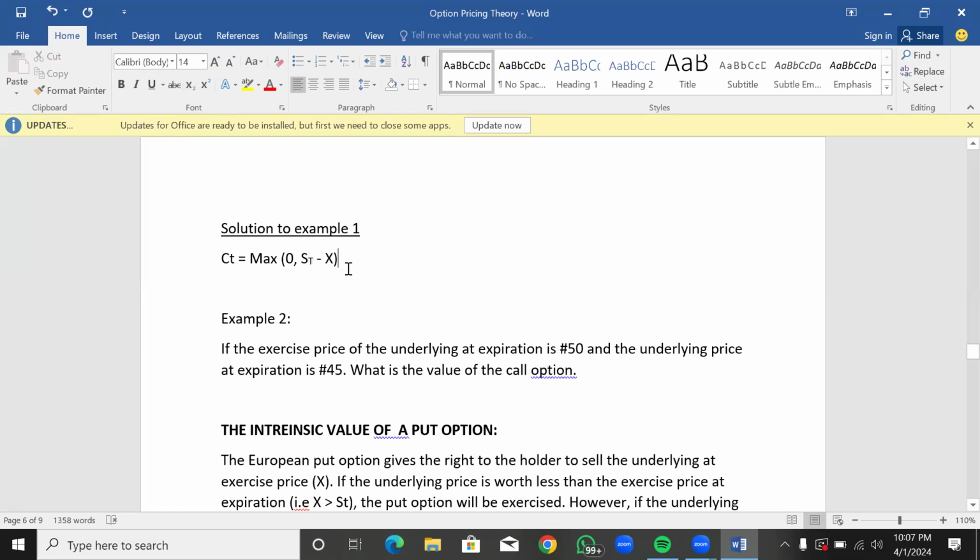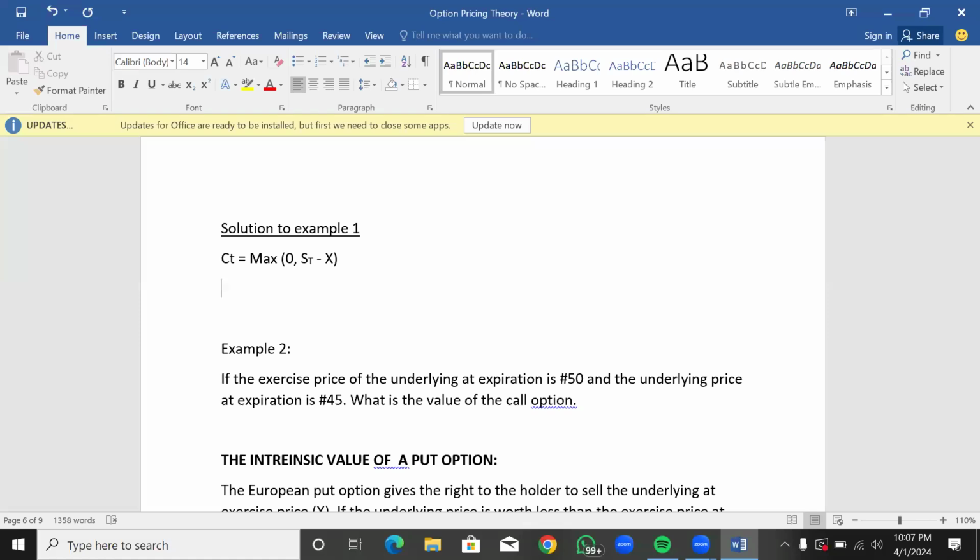So now, let's say our CT now equals max of 0 and our stock price minus the strike price.